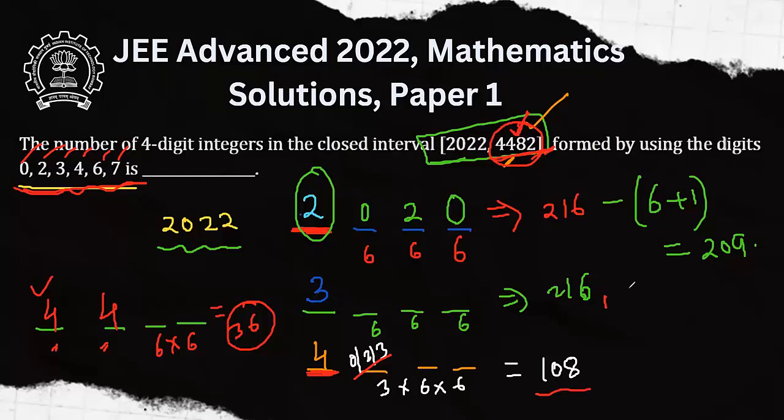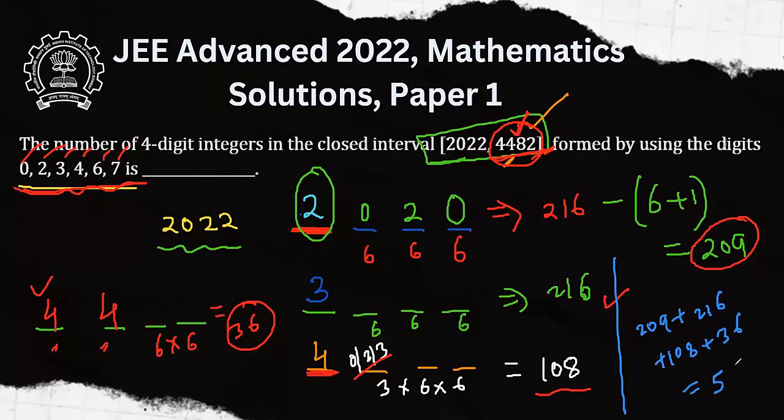In the 3000s, I have 216 numbers, and in the 2000s, barring the numbers below 2022, I have 209 such numbers. So the total numbers possible become 209 plus 216 plus 108 plus 36.